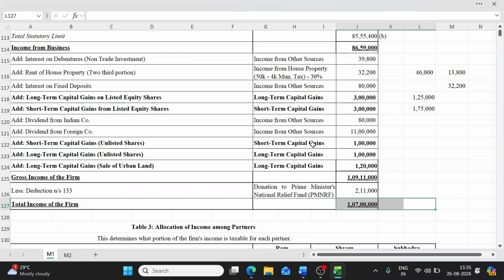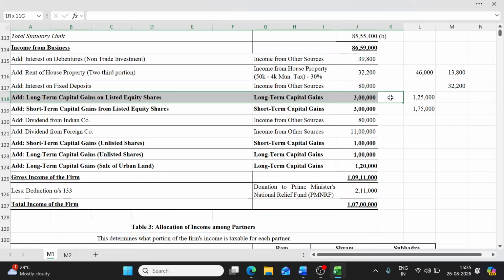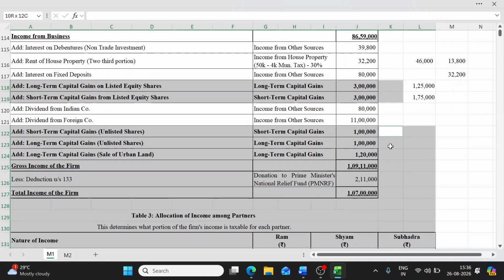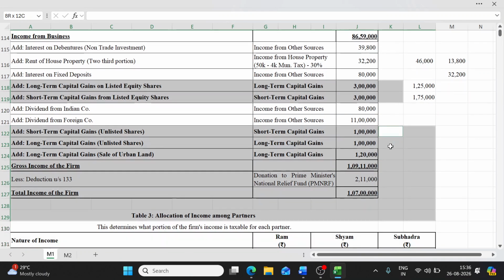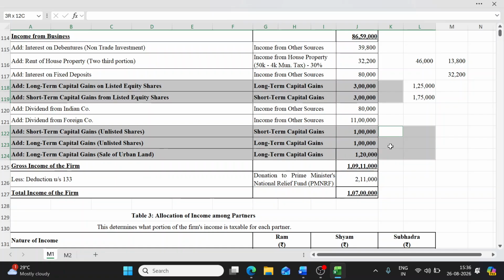But just now we calculated tax on these 3 lakhs long term capital gain, then on these 3 lakhs short term capital gain, then we calculated tax on the short term capital gain on unlisted shares, then long term capital gain on unlisted shares, then long-term capital gain on sale of urban lands. So we already calculated tax on these values. So for the remaining income, what to do?